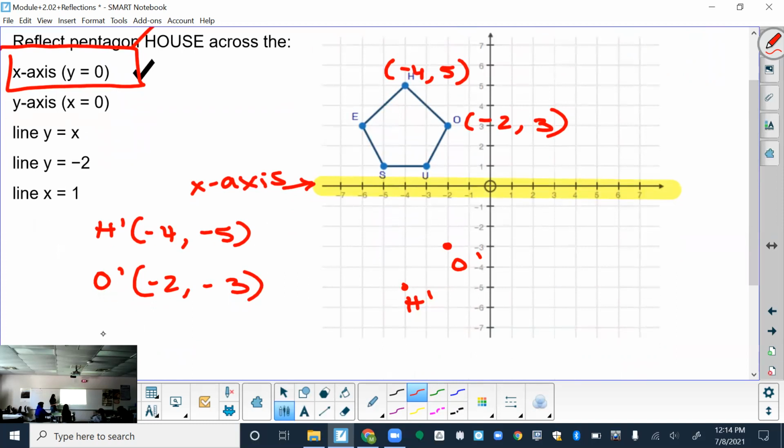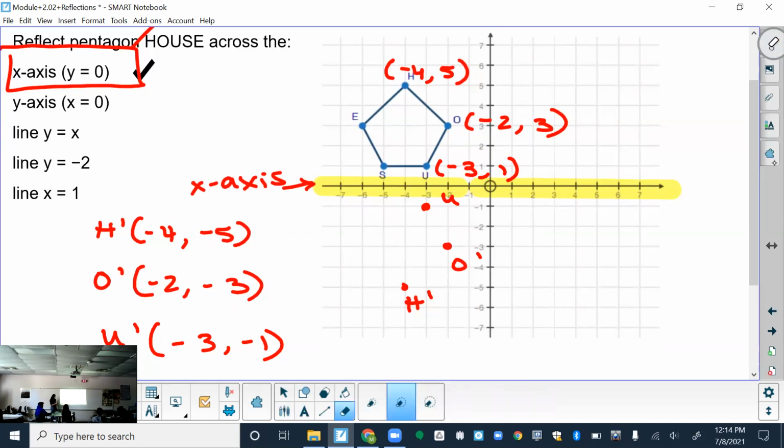All right, what is the original U over here? -3, 1. So then U prime would be -3, -1. Good. I'm not sure if this is just really easy or if only one person is answering. All right, so let's do S prime.